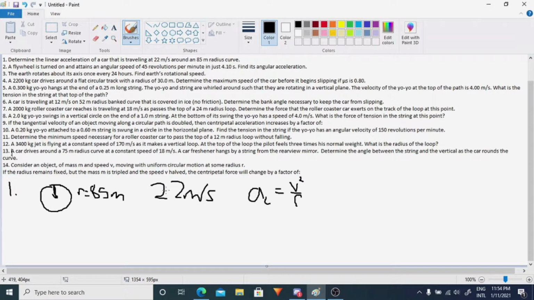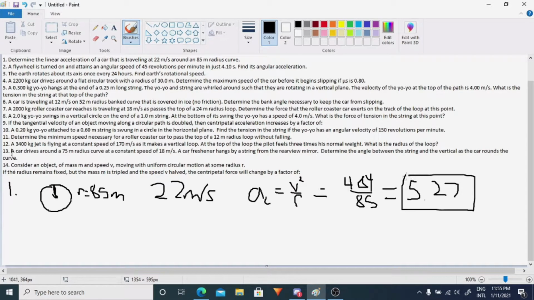So this question is a simple plug and chug. If you plug in 22 for v, square it, you get 484 over 85, which comes out to 5.27 meters per second squared, which is your answer.